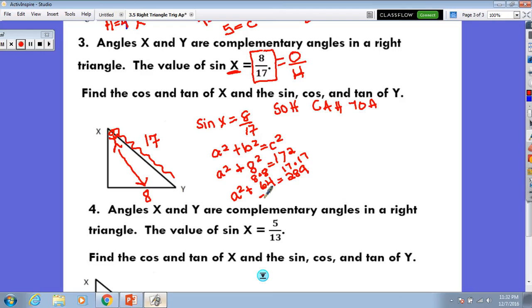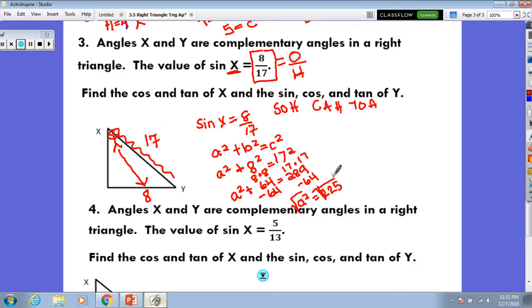And then I subtract 64 from both sides. That means A squared equals 225. And remember, your last step always with Pythagorean's theorem is to take the square root of both sides. This side will give me my answer.